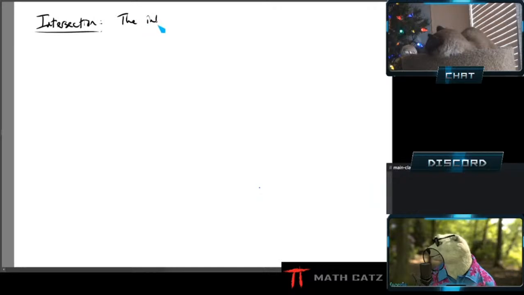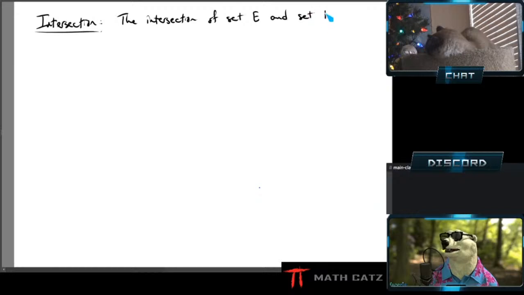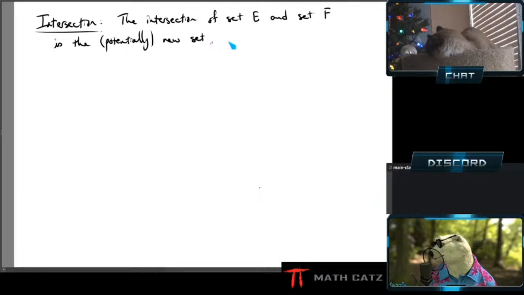The intersection of, let's say, a set E and another set F is the potentially new set, and we're going to name it E, and we're going to flip the cup symbol and call it our intersection symbol.